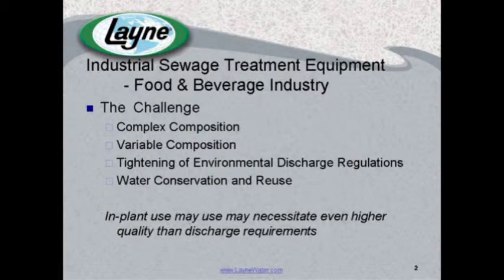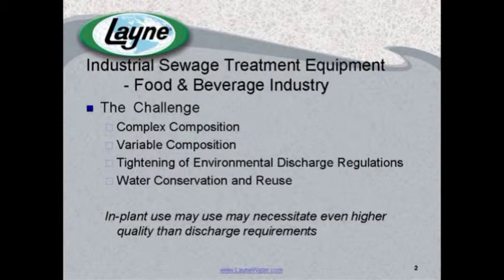Discharge requirements are becoming more and more stringent, and so having the capability to remove not just enough pollutants to meet today's discharge requirements, but making sure that you have the flexibility and technology on hand to move into the next year and the year after that can be a huge advantage in the food industry.